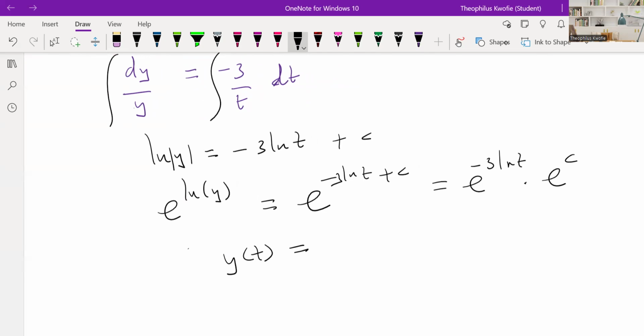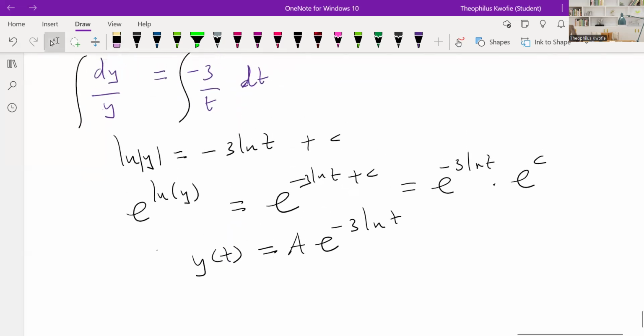And e to the power c is an arbitrary constant, so we can call it, let's say, a. This solution is what we call the general solution.